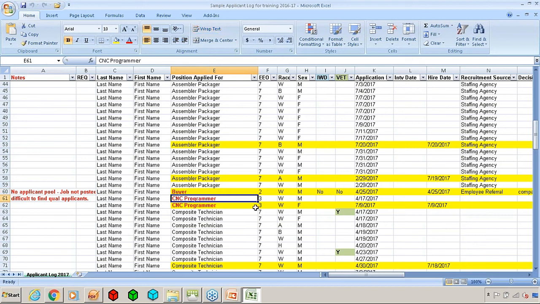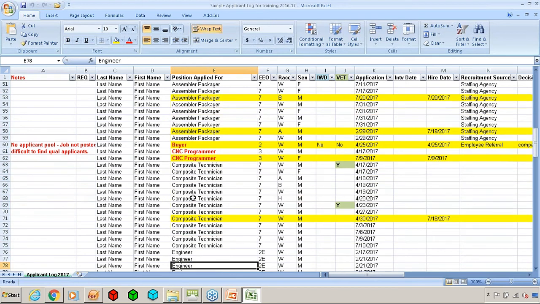This is a CNC programmer. There's only one applicant, one hire on here. In this case, this was a difficult position to find. This was the only qualified applicant. Every once in a while that does happen. In that case, the OFCCP may ask to see your applicant pool of the other people that applied that were not qualified.